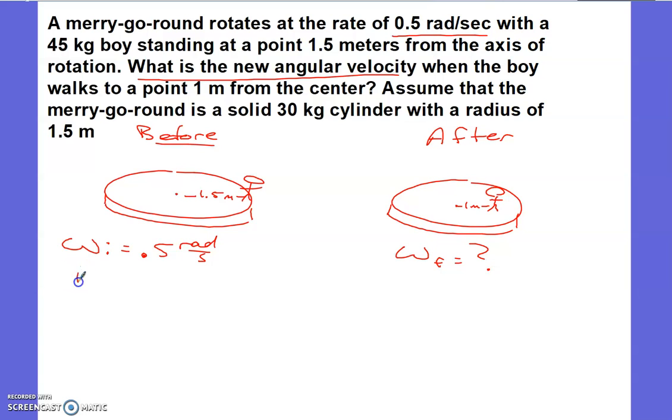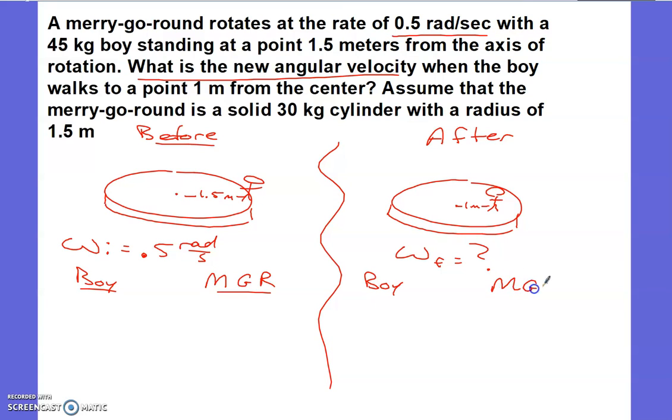We know some values about the boy and some values about the merry-go-round, and those values sometimes change. So I'm going to write what those values are in the beginning and what they are at the end.